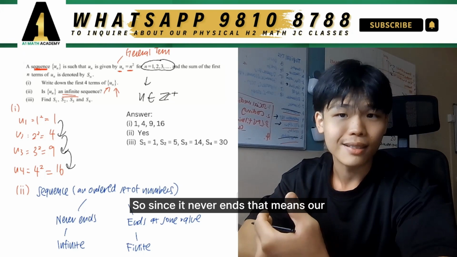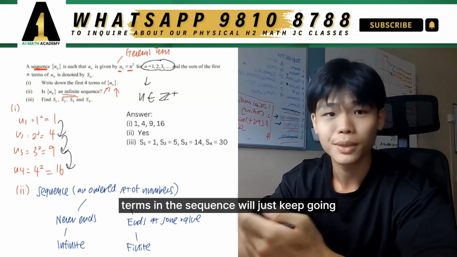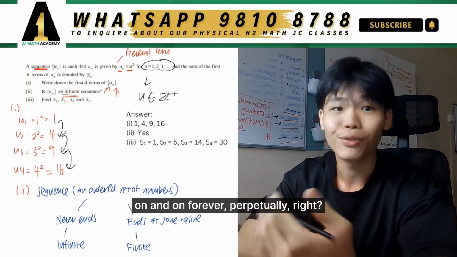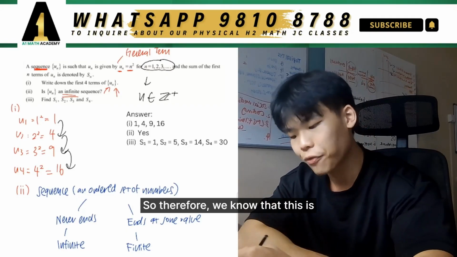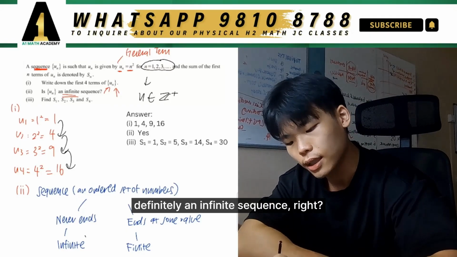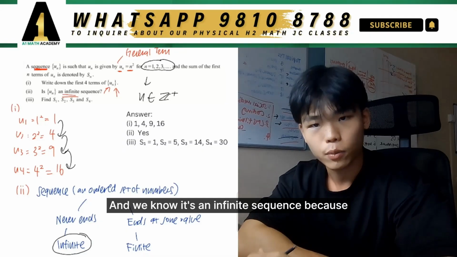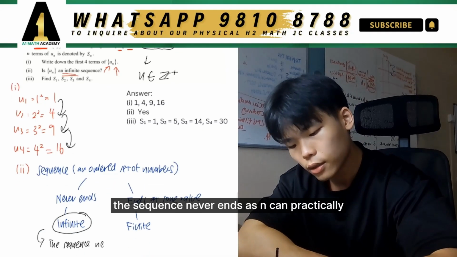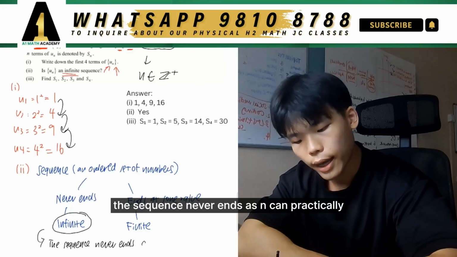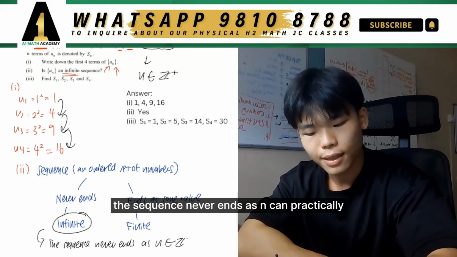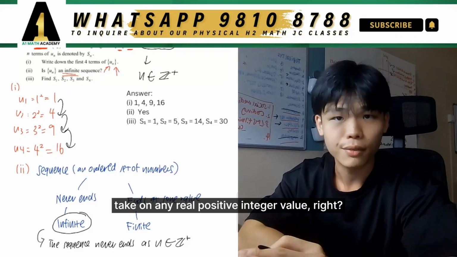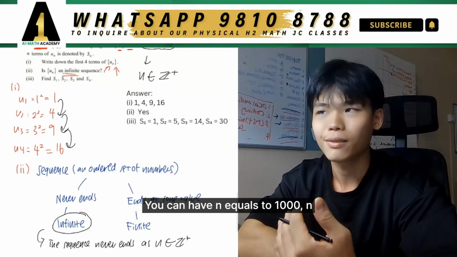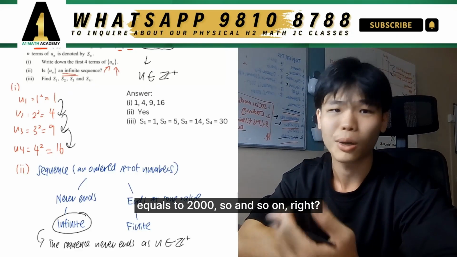Since it never ends, our terms in the sequence will just keep going on and on forever, perpetually. Therefore, we know that this is definitely an infinite sequence, because n can take on any positive integer value. You can have n equals 1000, n equals 2000, and so on and so forth.